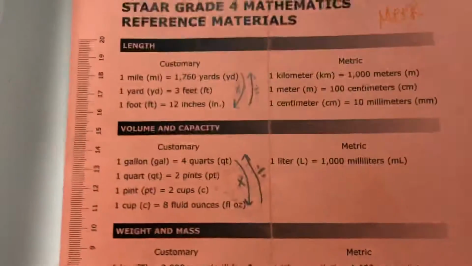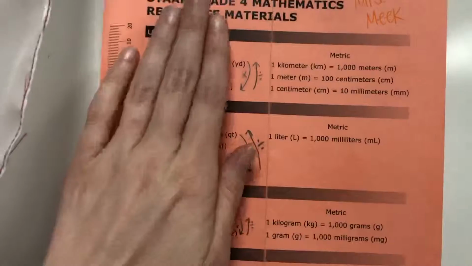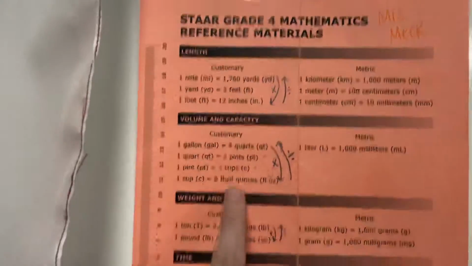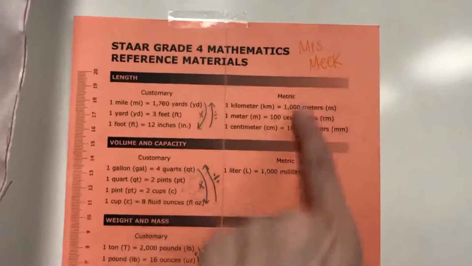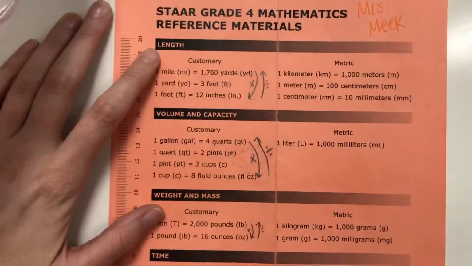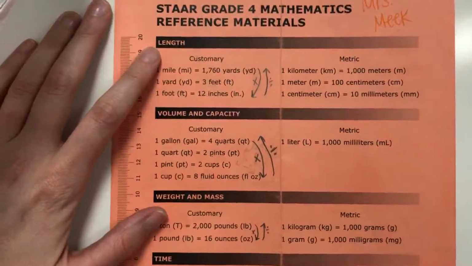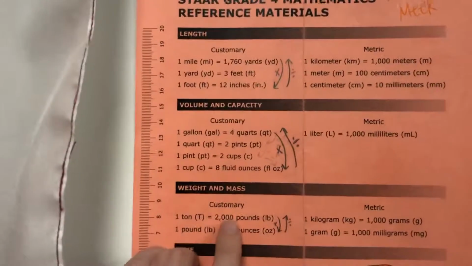Whenever you look at the STAR chart, on the measurement side, you're going to see that the left side has all the customary measurements on it, excluding time. Time is everywhere. And then on the right side is metric. We start with customary, mainly because it's harder and we take more time to do it because they are such different numbers.